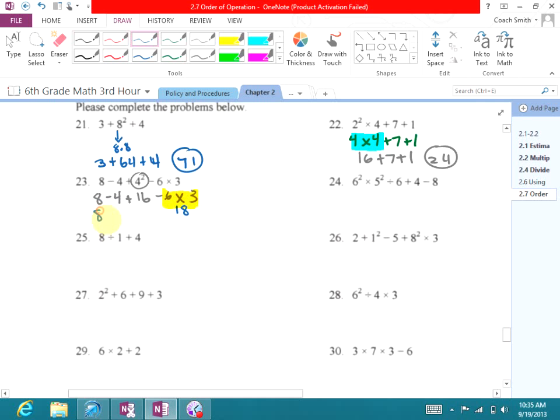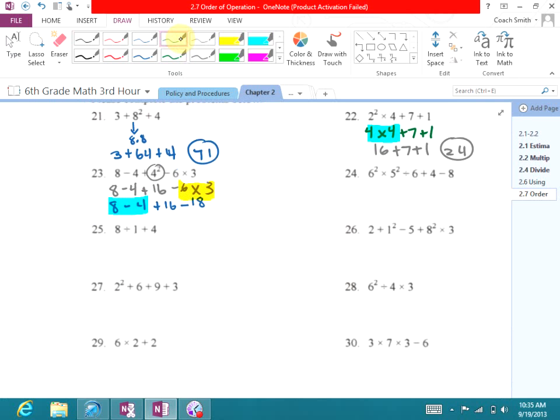So now I have 8 minus 4 plus 16 minus 18. Now, what's the next step? Move back to the left. Is there any more multiplication? No. There's no more multiplication, so I move all the way to the left, and I have to do 8 minus 4. 8 minus 4 is what? 4.